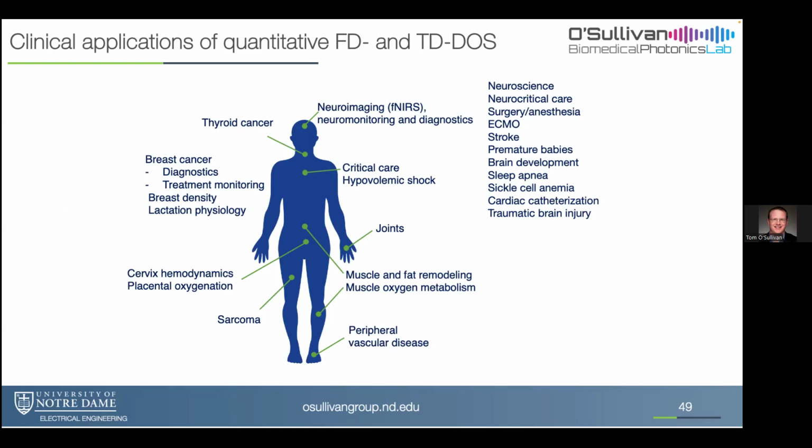It's particularly challenging because we're no longer in a homogeneous medium. And the kind of stuff we talked about with CW, so intraoperative monitoring, neonatal intensive care, development, looking at sickle cell anemia. So a number of applications for these types of technologies.